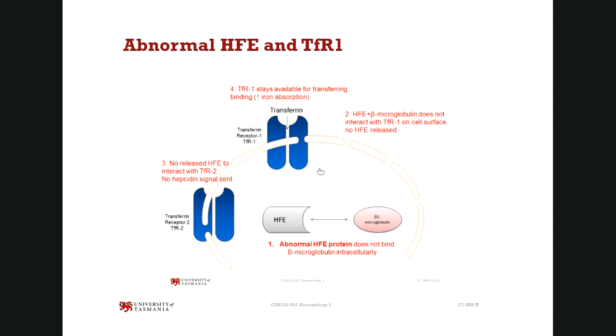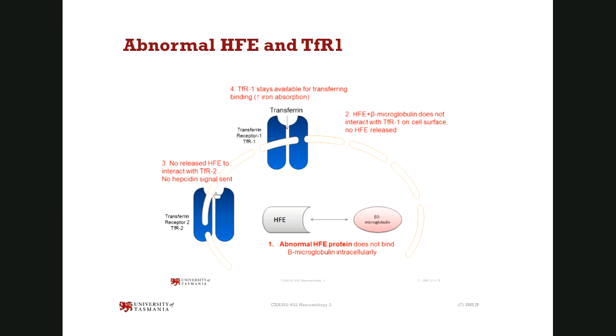If it doesn't bind with the beta-2 microglobulin, then the HFE does not reach the cell surface, and it doesn't bind with transferrin receptor 1. If it does reach the cell surface, then it doesn't bind with either transferrin receptor 1 or transferrin receptor 2, so we don't get this signal being sent off. So this is the problem. This signal is not being sent off.